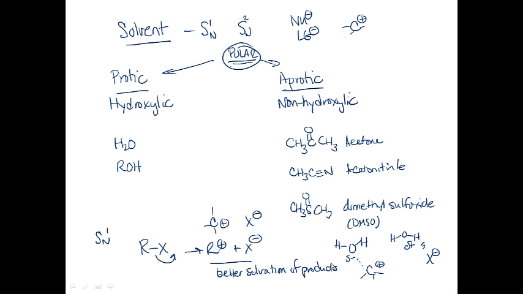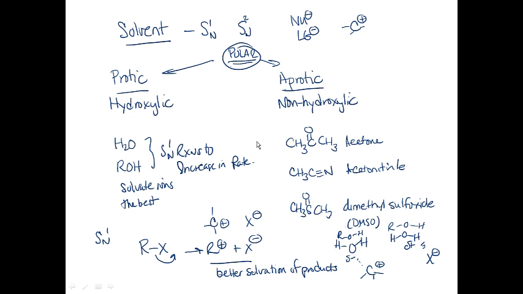So it turns out that alcohols and water, this would also be true for an alcohol if I wrote its structure like this, these two solvate ions the best. And so down here in the SN1 mechanism, these two cause SN1 reactions to increase in rate.